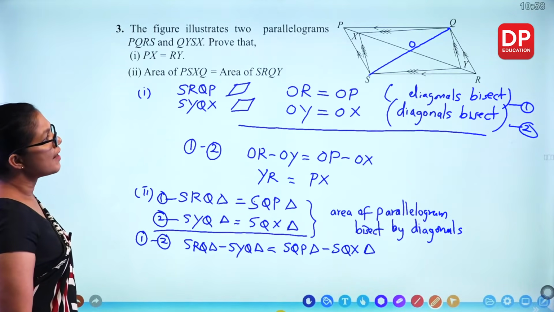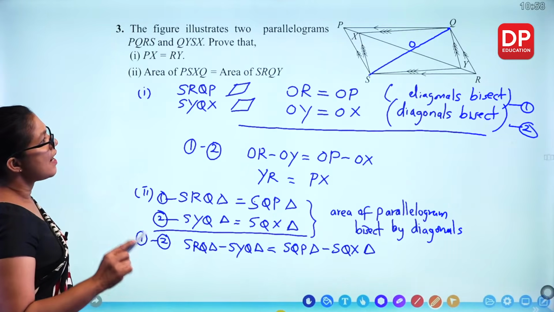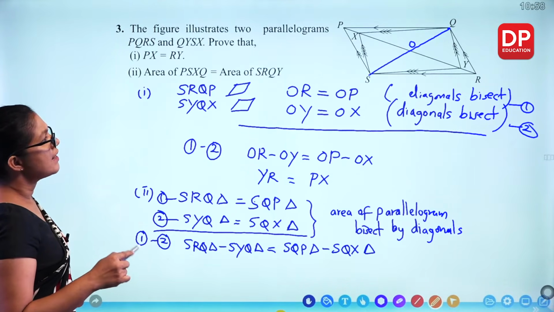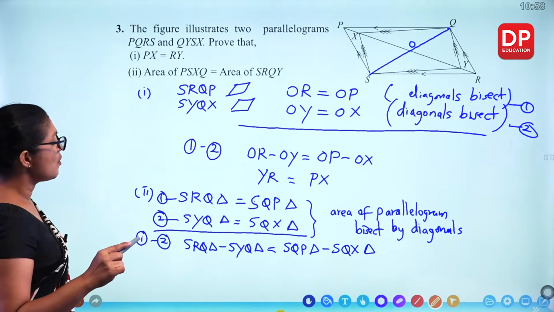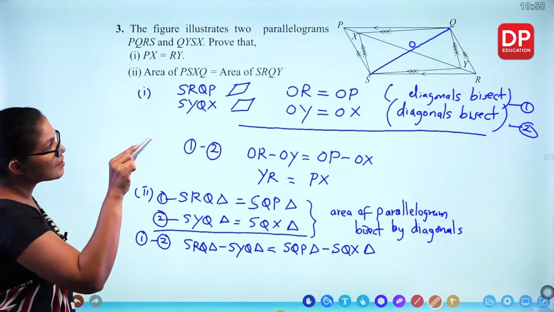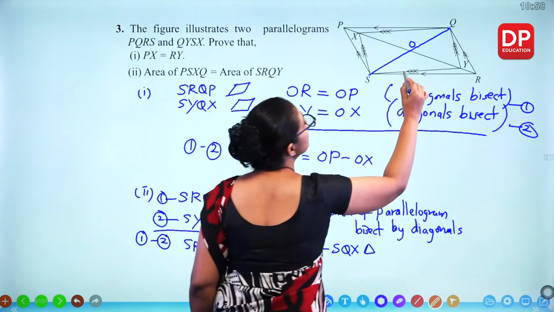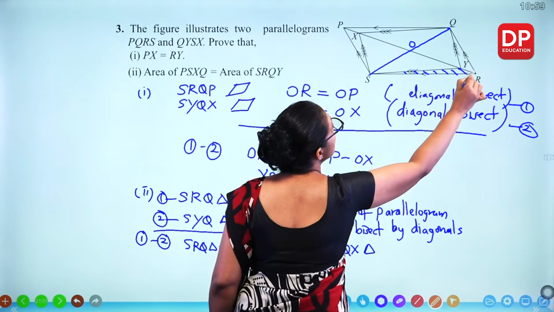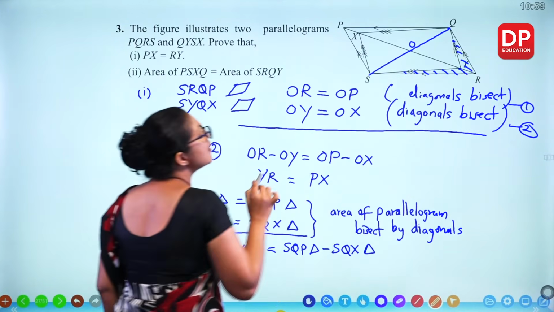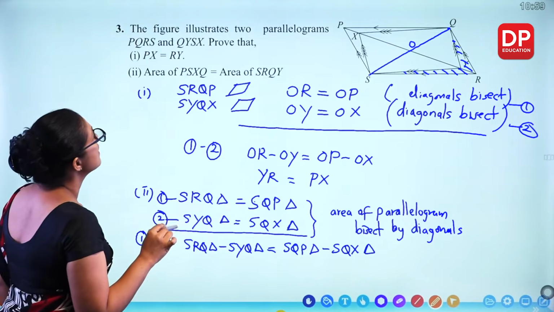When you subtract, what you get? SRQ triangle area minus SYQ, I'm getting the smaller area, this part. That's what we need. We call it S.